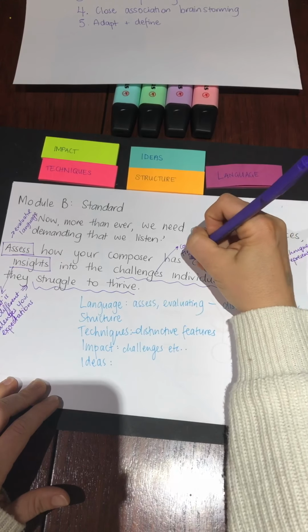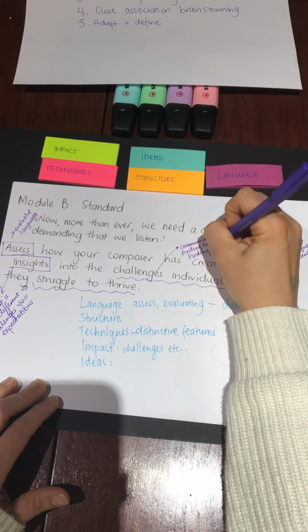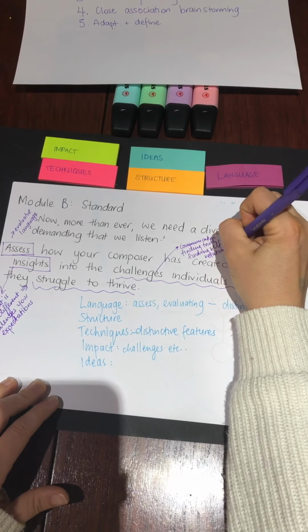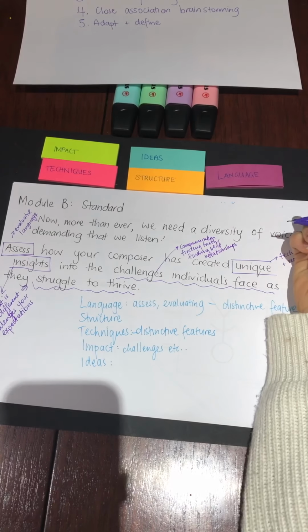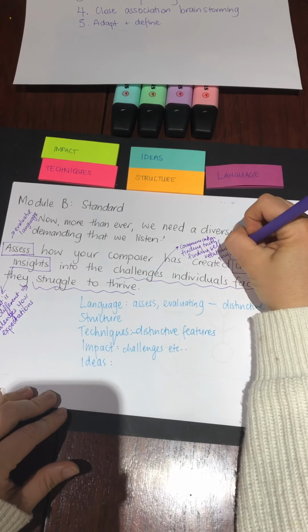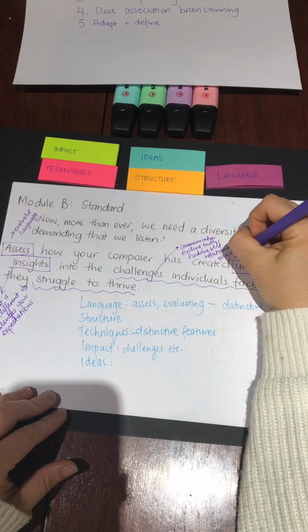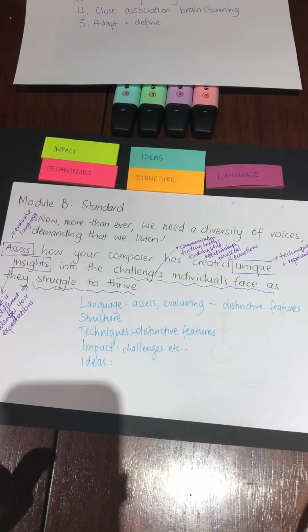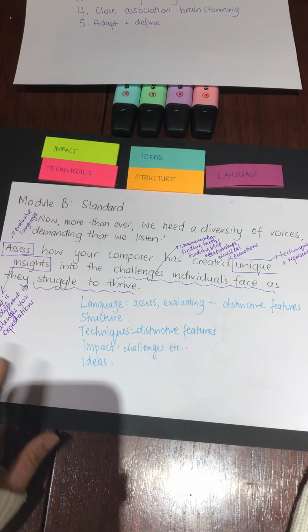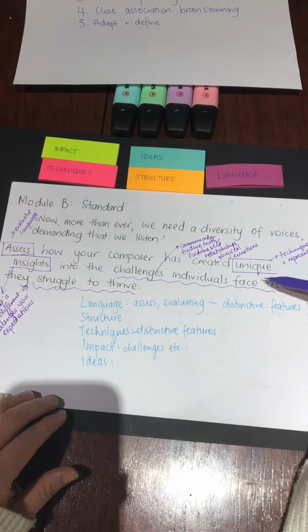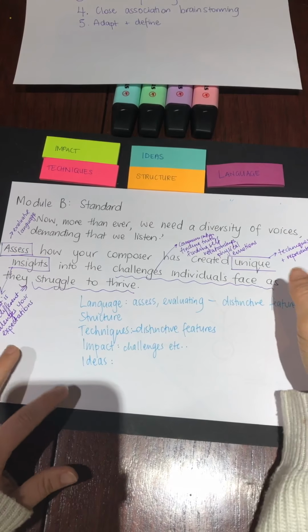Is it finding themselves? Is it in their relationships? Is it to do with any physical challenges? Is it to do with emotions? Could keep going on. There is plenty to do there. So what are the challenges that face the individual that you're talking about as they struggle to thrive?